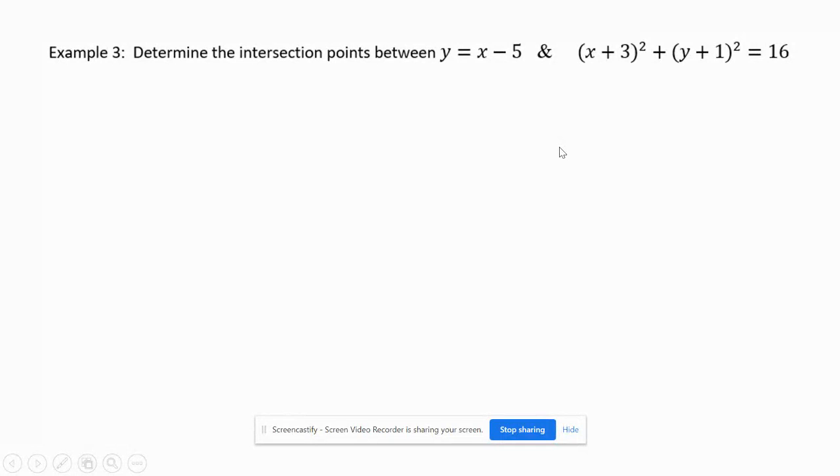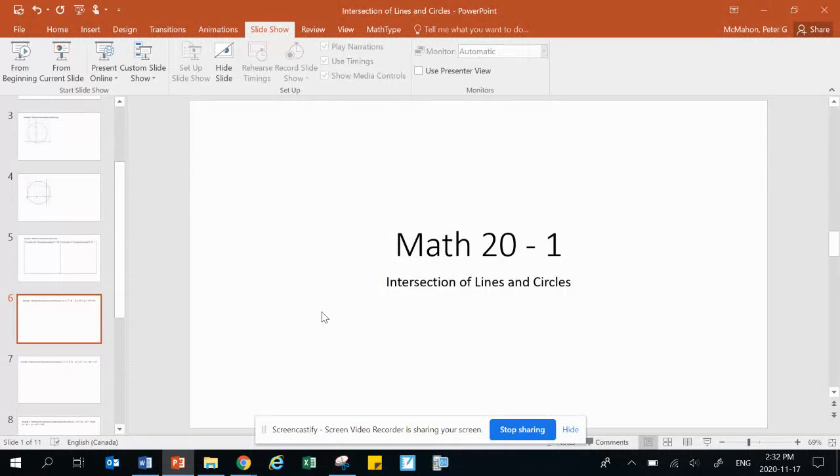So for example 3 here, we have to determine the intersection points between y equals x minus 5 and this circle here. Okay. Guys, what I'm going to do here, I'm just going to throw this question into decimals first, just so we can see what it looks like over here.